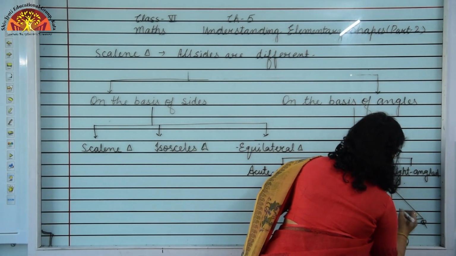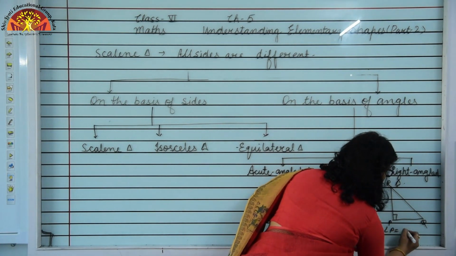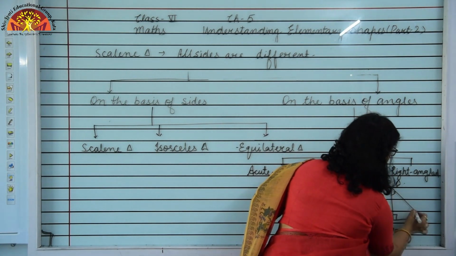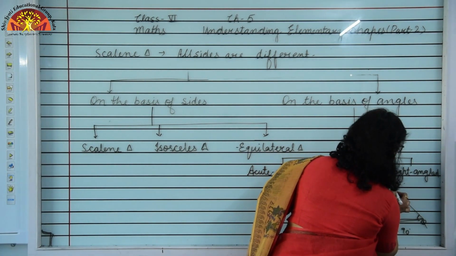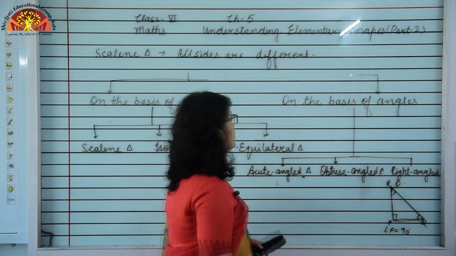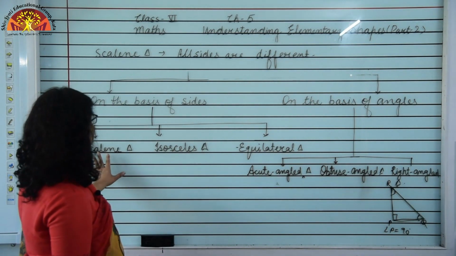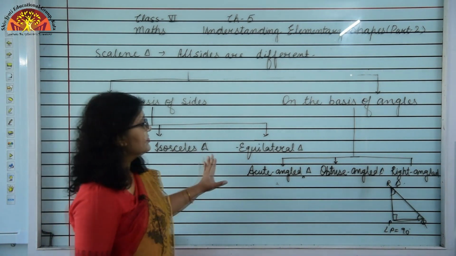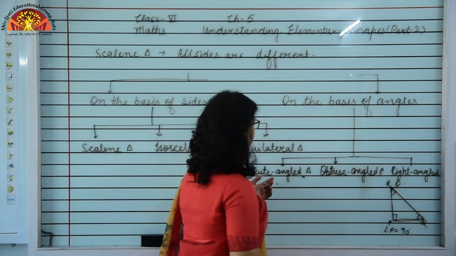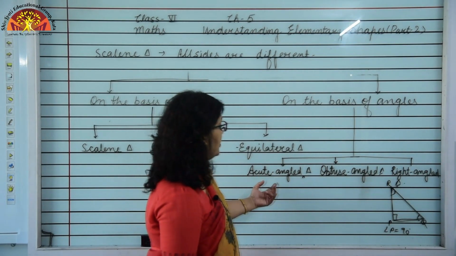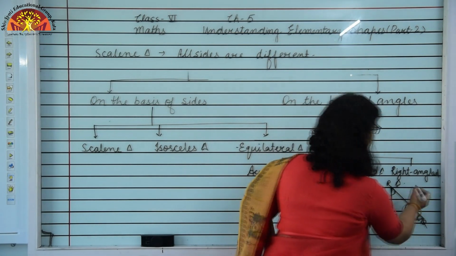In this, angle P is a right angle and the remaining 2 angles are acute. So on the basis of sides, we categorize scalene triangle, isosceles triangle and equilateral triangle, and on the basis of angles we have 3 types of triangles: acute angle triangle, obtuse angle triangle and right angle triangle.